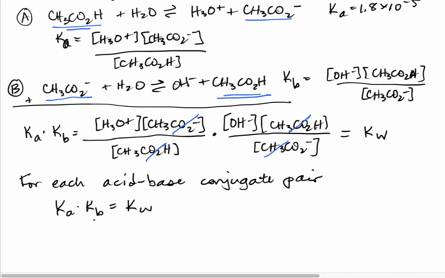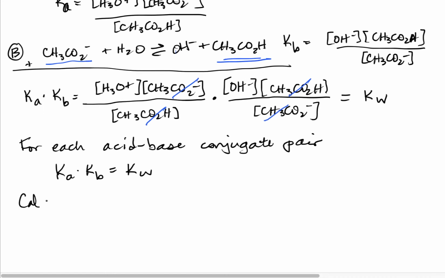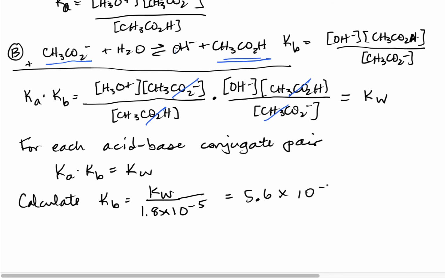So that means that we can calculate Kb for the acetate by taking Kw and dividing it by the Ka value for the acetic acid. And if we do that, then we will get 5.6 times 10 to the minus 10.